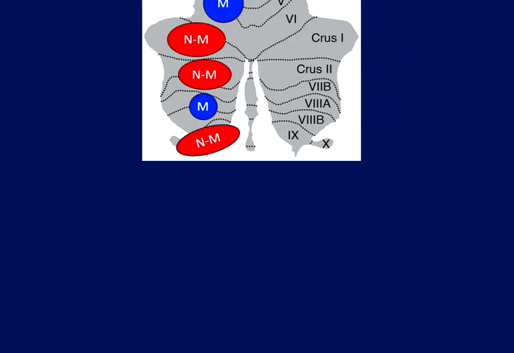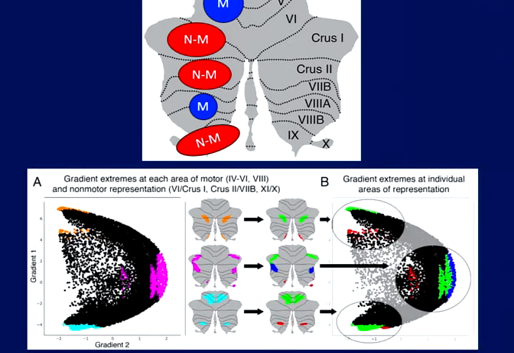And this idea comes from analyzing the relationship between our gradient-based approach to function in the cerebellum and these different areas of 2 motor and 3 non-motor representations. Now, if you look at the screen here in the middle and follow my pointer, we can look at a map of the second motor representation, shown here in red and mapped here in red.